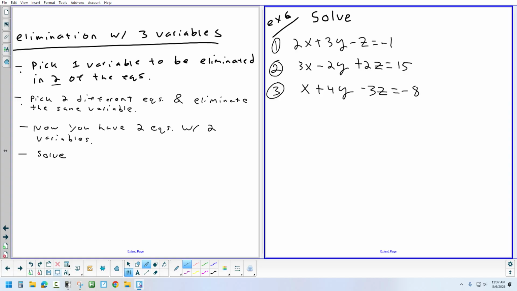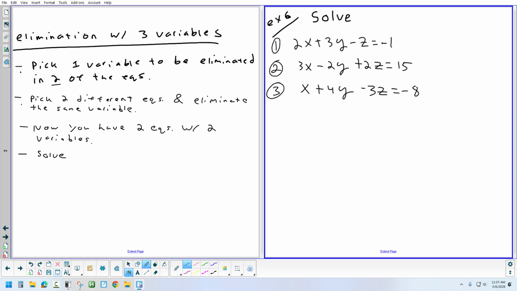Yep, 1 and 3 could be a good option. And what variable do you want to eliminate? X. Why x? Because equation 1 has an x and number 3 has a coefficient of 1. Exactly. If you've got something with a coefficient of 1, that's going to make it easier to work with. So that's an equation you should probably pick to use, and that's the variable you should try to eliminate.